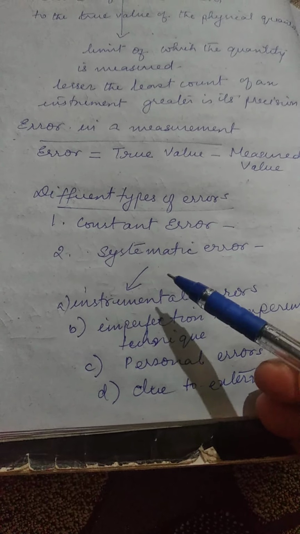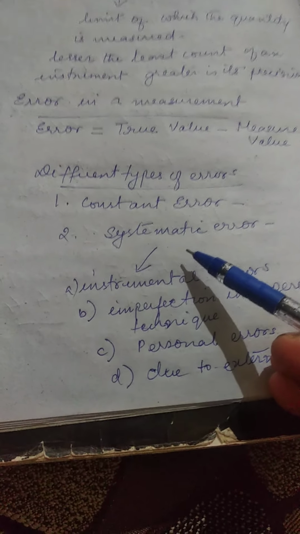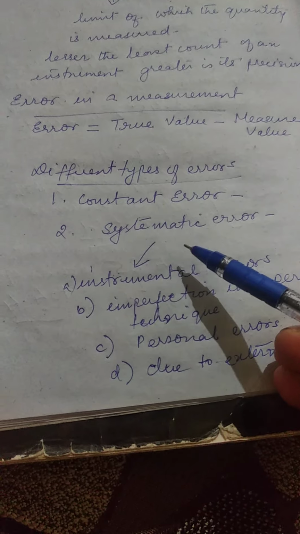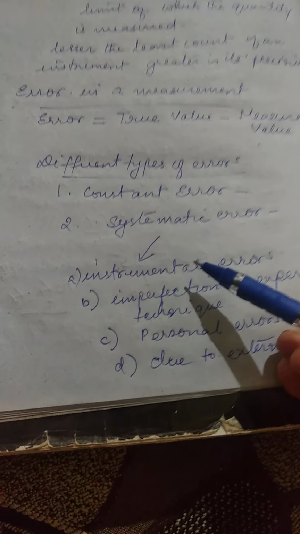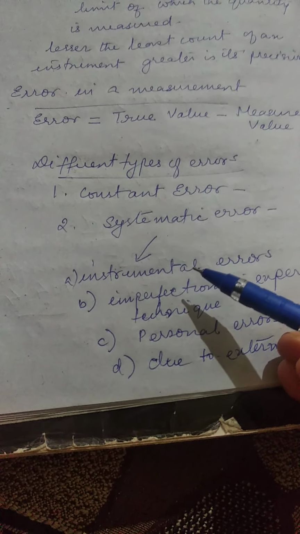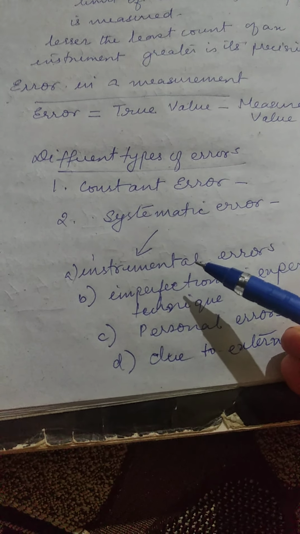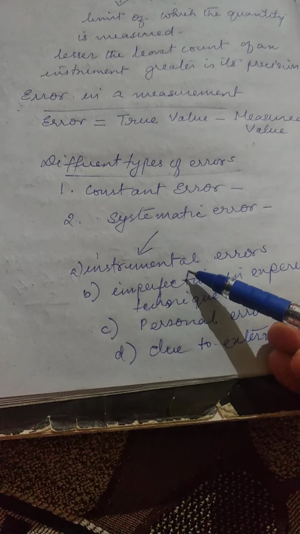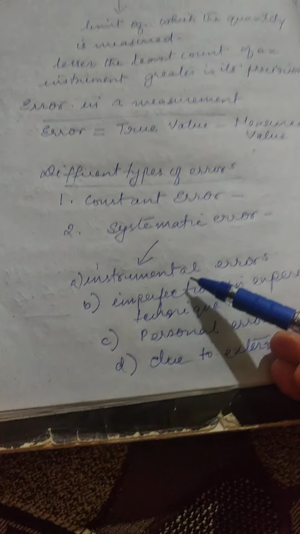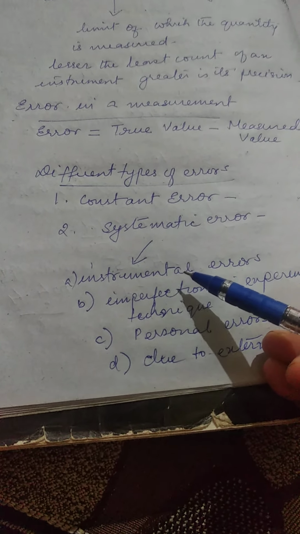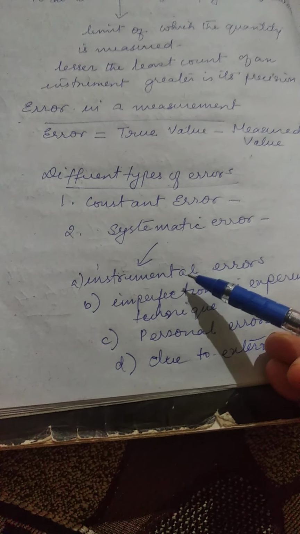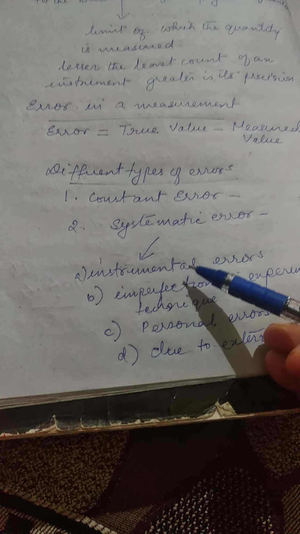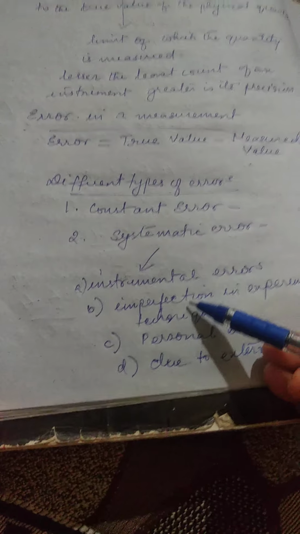Now, this systematic error, as I said, tends to occur in only one direction, either positive or negative. Now, this may be instrumental. That is, some error may arise due to some defects in the instrument. So it will systematically occur every time because of the defect in the instrument. That is called instrumental error.